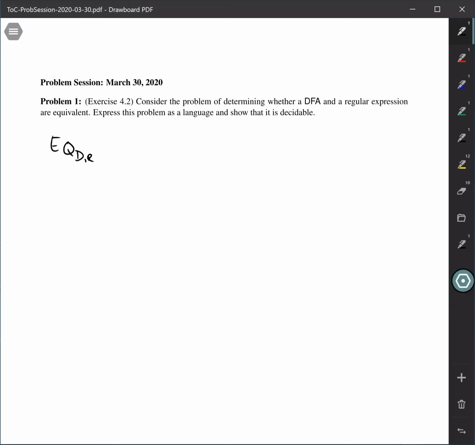Obviously, that doesn't make any difference. It's just nice for consistency. So we need to define this as a language, and so equals, it's going to look like this. What do you think the items of this language look like?